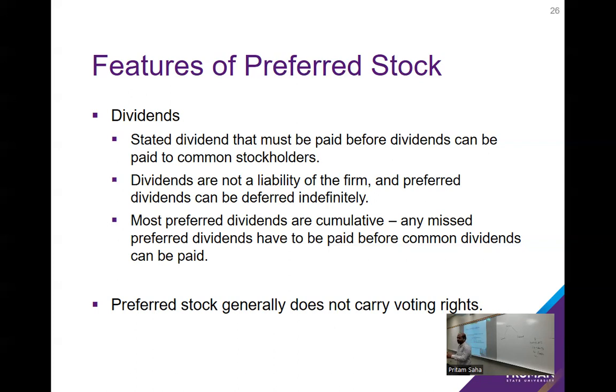Or if they fail to pay dividends for 2 years, they will add these 2 years in the third year and pay for 3 years. So preferred stock dividends are mostly cumulative. In a very rare case, it could be non-cumulative. That means if they fail to pay this year, it's gone. They will not pay you in upcoming years.